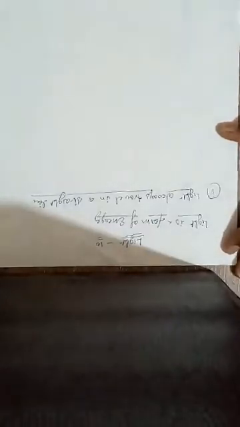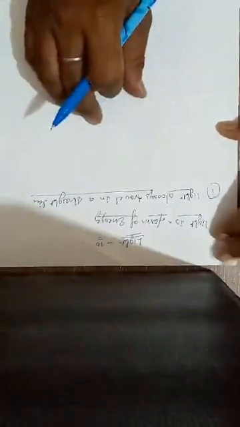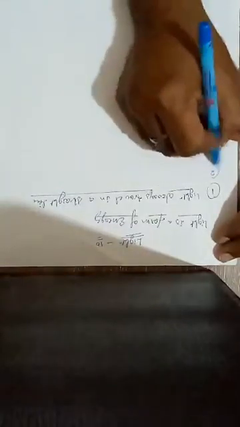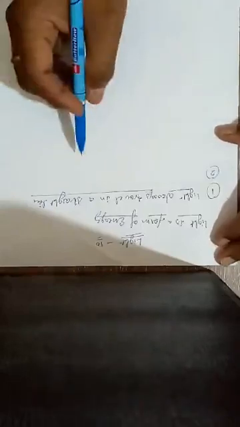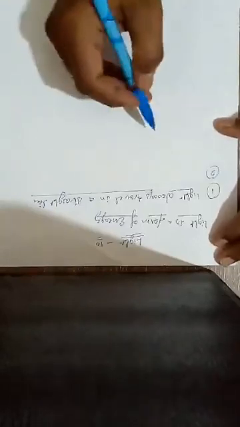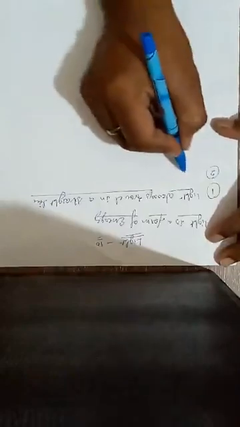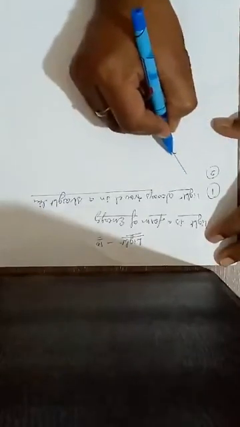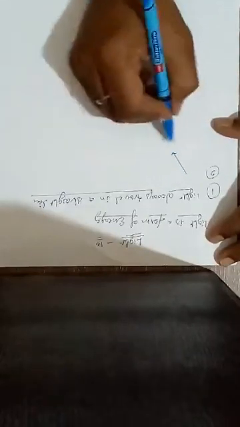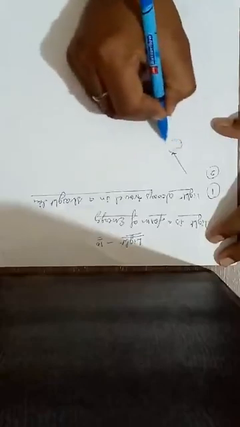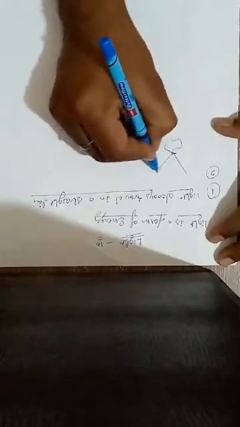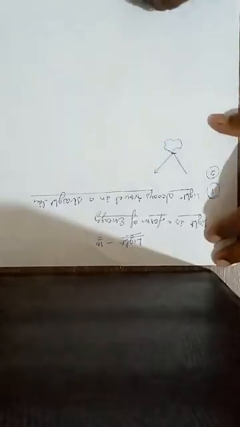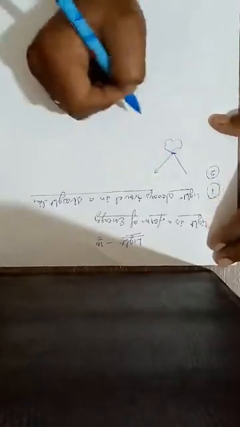Now, the second thing is that whenever light strikes any object, it bounces back. Whenever light strikes any particle, any body, it will reflect back in the same medium.